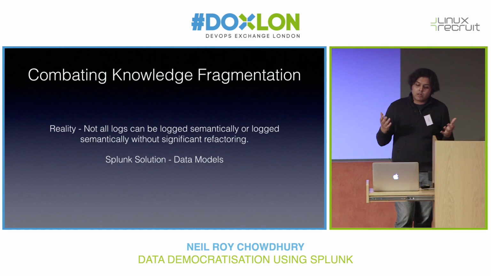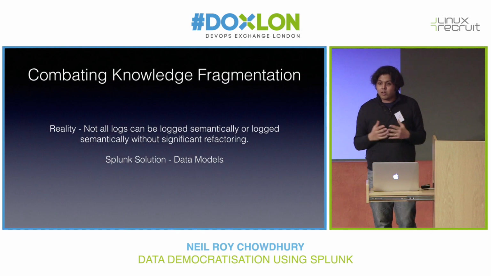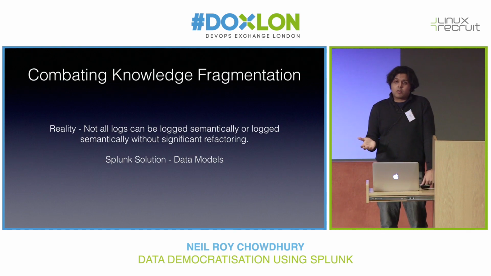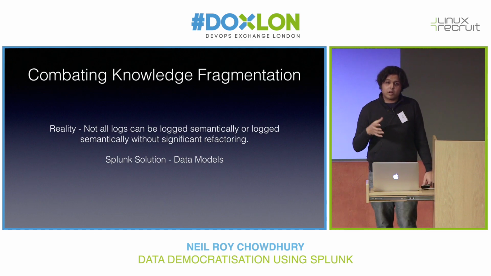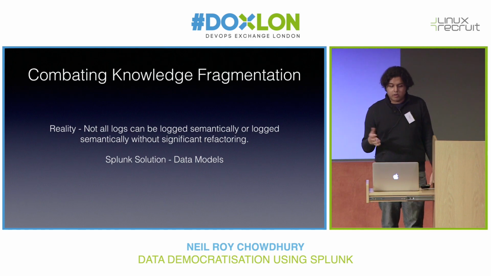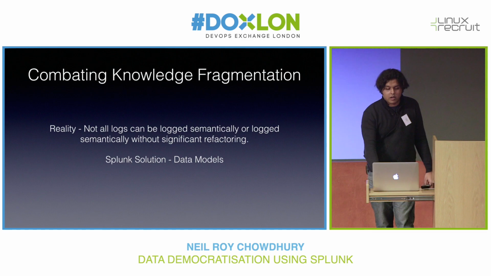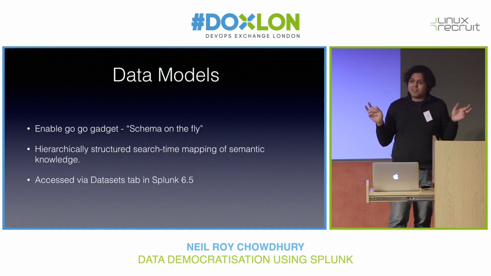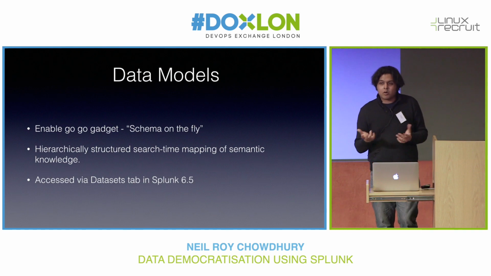But the problem with knowledge fragmentation is that not all logs can be logged semantically, or they can't be logged without significant refactoring, especially when you're dealing with your dev teams. And the Splunk solution to that is data models. Data models are a go-go gadget, a schema on the fly.